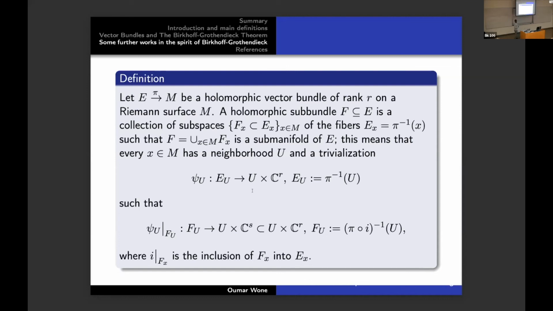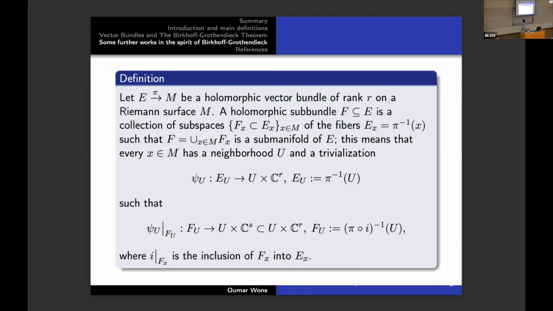Now, I introduce briefly further works in the theme of the Grothendieck-Birkhoff theorem. In the spirit of the Birkhoff-Grothendieck theorem, we take a holomorphic vector bundle E of rank r over a Riemann surface.